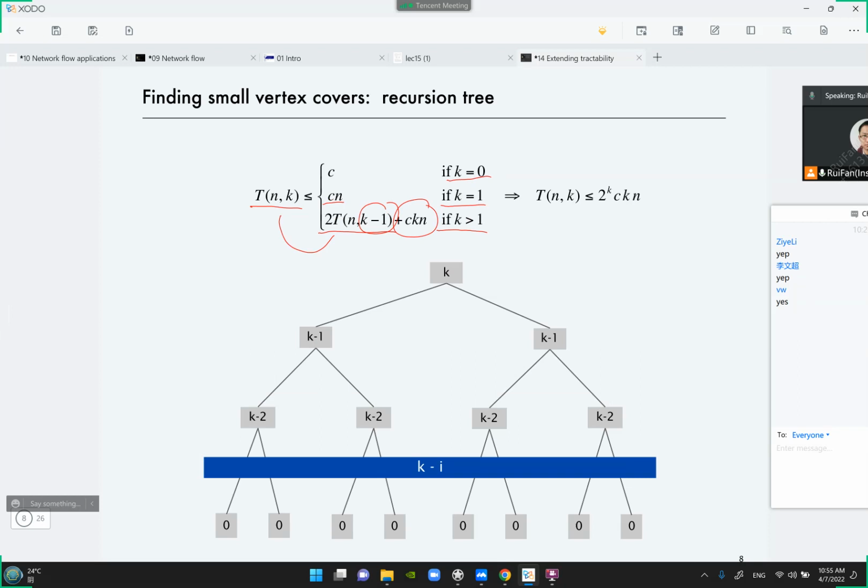If you solve this, you're going to see that your running time is something like 2 to the k times something polynomial in k and n. So we now have an algorithm which is only exponential in k and not in n. Because we're only considering cases where k is small, in certain cases this is a reasonable algorithm.